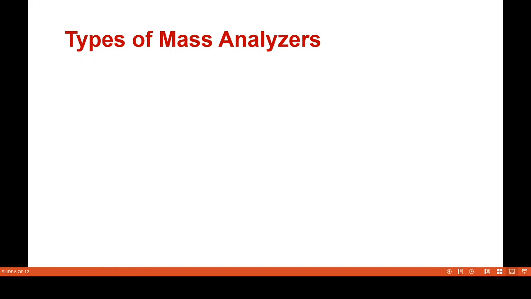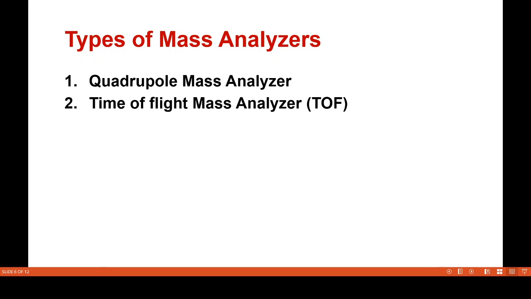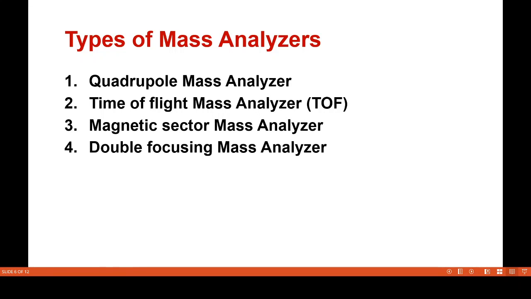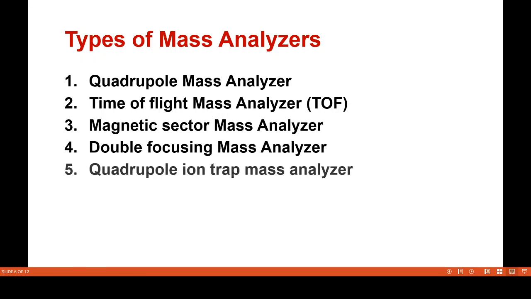Then we see the types of mass analyzer. There are a number of types of mass analyzer. The first one is the quadrupole mass analyzer. Second, time of flight mass analyzer. Third, magnetic sector mass analyzer. Fourth is the double focusing mass analyzer.